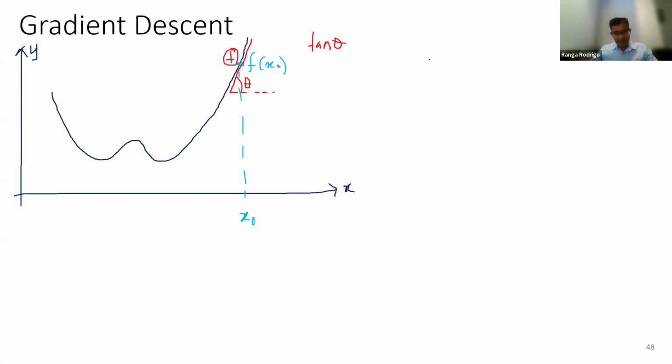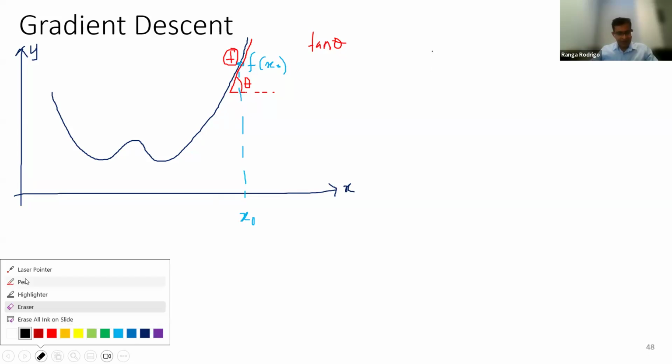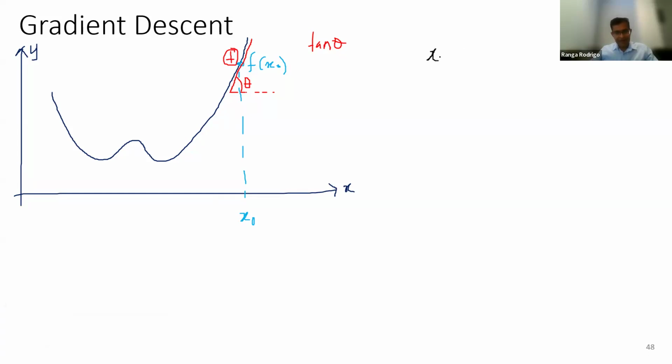So the gradient descent equation is, new x value, I will write x t plus 1, is equal to x t minus some constant, we call it the step size or the learning rate, LR, times the gradient of that function.